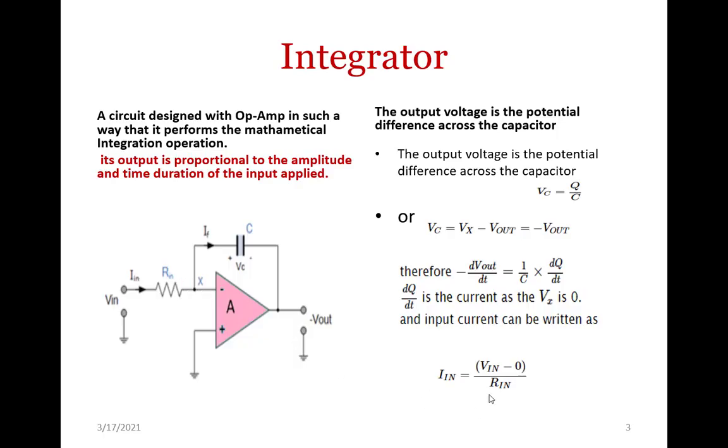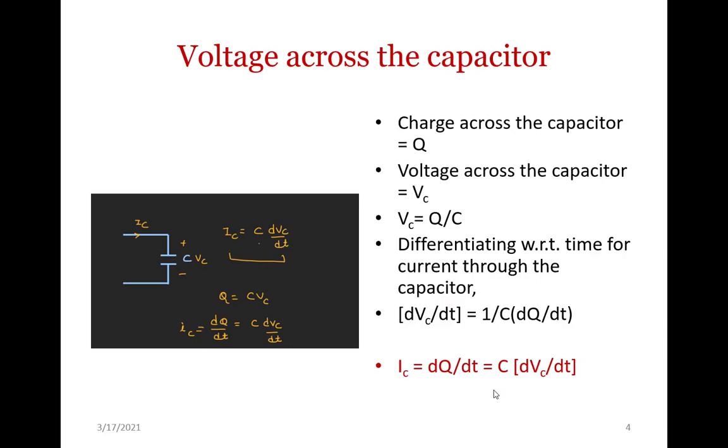That is how we take this. And the voltage across the capacitor is given by the formula Vc is equal to Q by C, and differentiating with respect to time, dVc by dt is equal to 1 by C into dq by dt, and Ic is equal to C into dVc by dt, the same formula which we have discussed already.